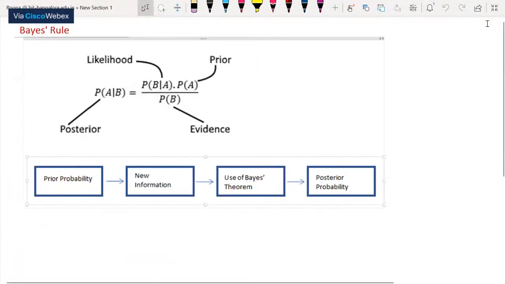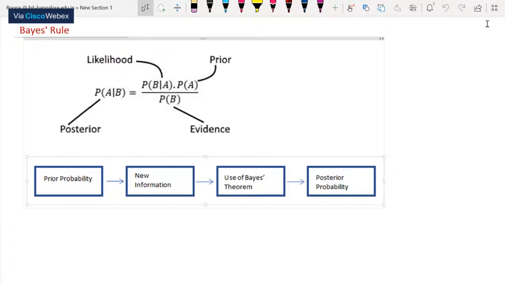Next is Bayes rule. Bayes rule is one of the very important rules. I have written Bayes rule on the board because I'm not explaining the proof. We are considering only the rule, the statement of the theorem.